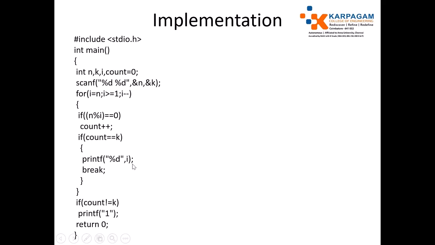If it is achieved, just immediately give break. If you never achieve the kth factor, you can just print 1. It may be a prime number. If it is a prime number, it may not happen.